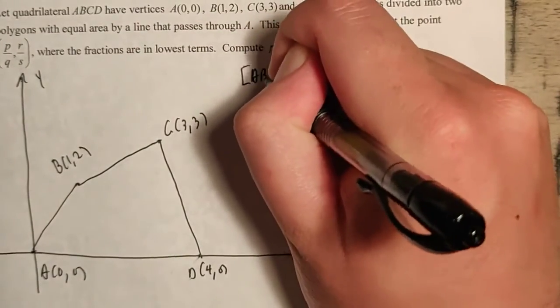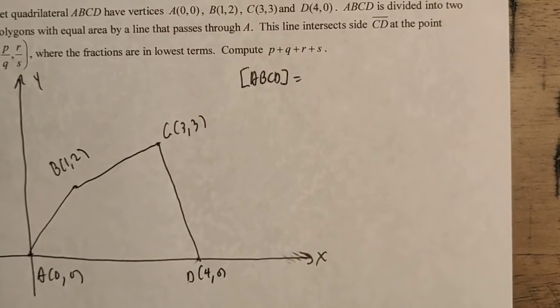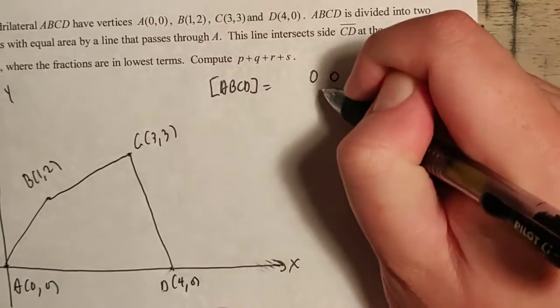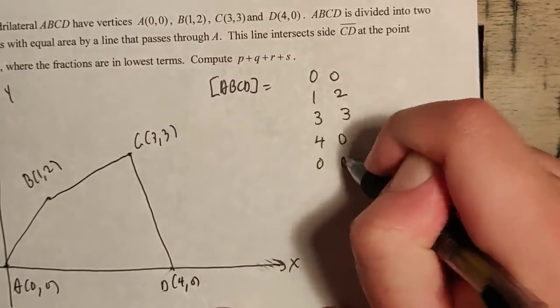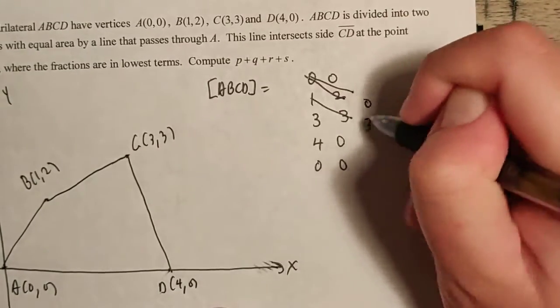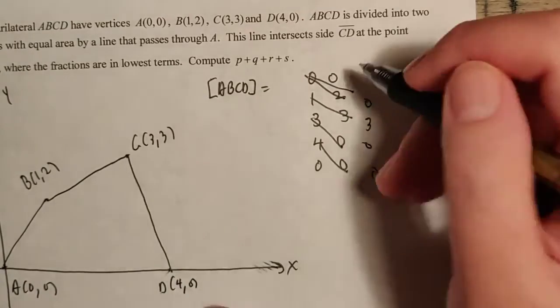Let's calculate the area of ABCD, and here you can use the shoelace formula or whatever other methods that you have here. Let's shoelace this. So again, 0, 0, 1, 2, 3, 3, 4, 0, and back to 0, 0. So we're going to go ahead and do this here. So let's see, that is 0, 3, 0, 0. So again, note the advantages of a bunch of zeros.